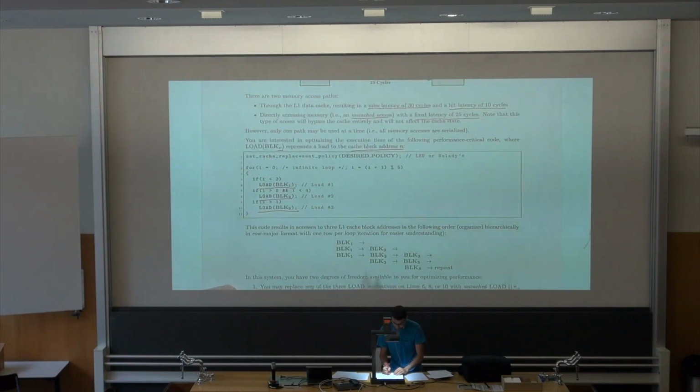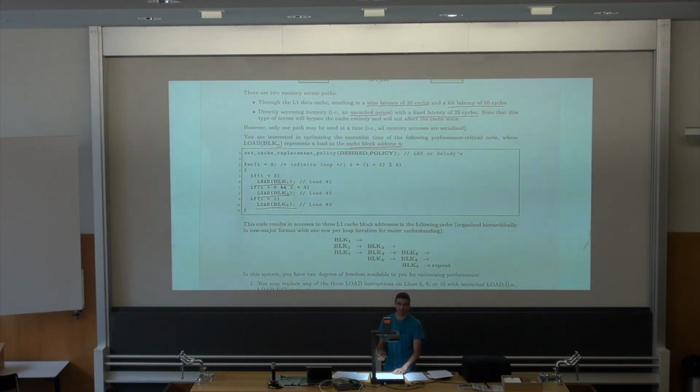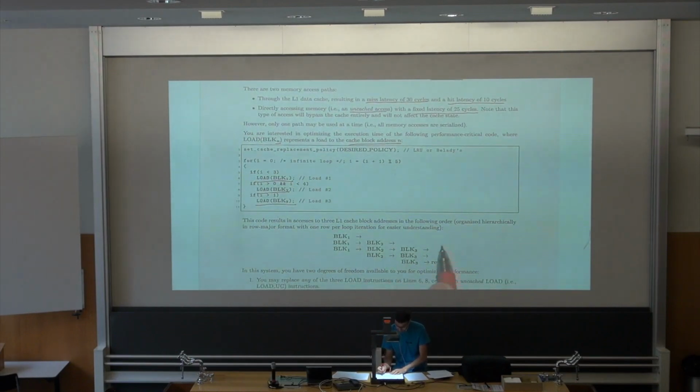Down here, for convenience, we have the access pattern that this application results in. It's organized in row major format with 1 row per loop iteration, for simpler understanding. The pattern is that we go through block 1, then 1, 2, then 1, 2, 3, then 2, 3, and then 3. If you simulate this for loop execution, you'll see that this is the pattern that we have.